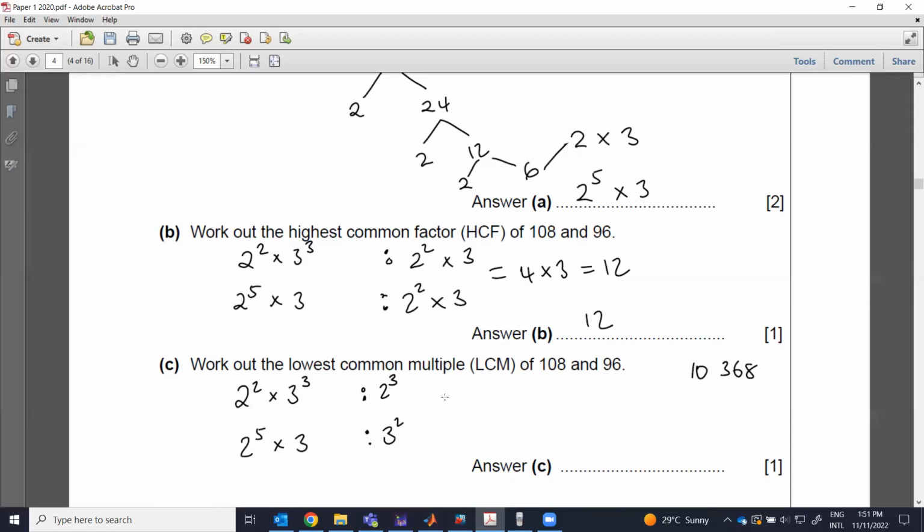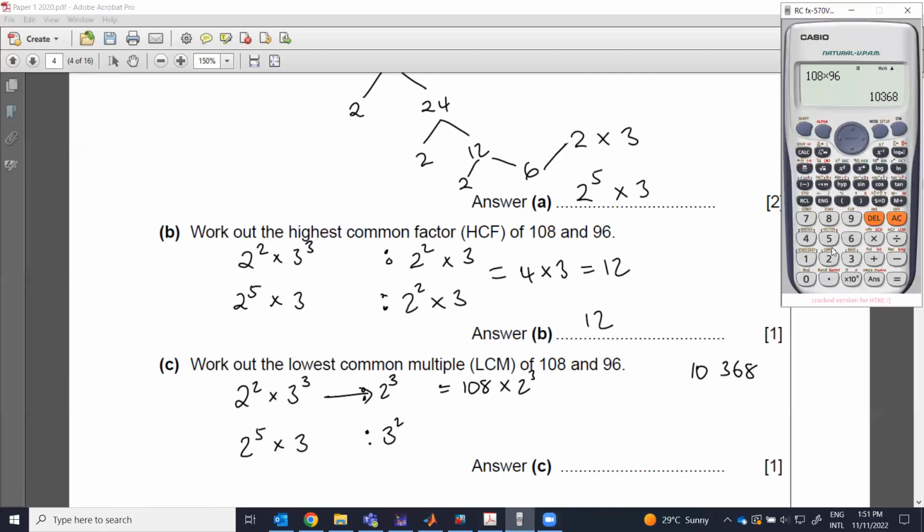So let's work this one out. We'll work this one out. Here, this is 108 times 2 to the power of 3.